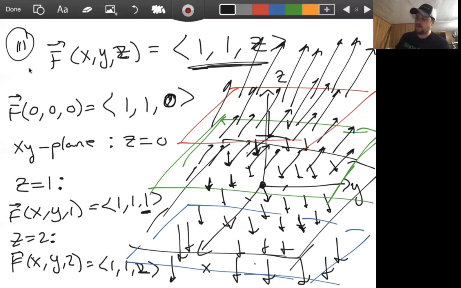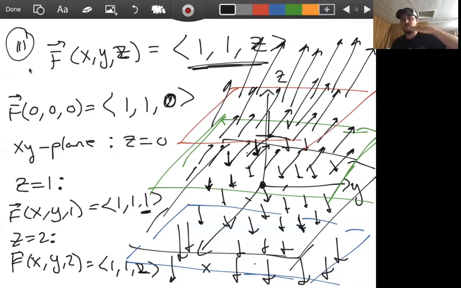And so a 3-dimensional vector field is a little harder to picture. They look beautiful in computer programs. Like if you code or go to some online vector field grapher, you can type in 3-dimensional vector fields and they look very pretty and it's very clear what's going on, right? My chicken scratch drawing is a little less clear, but hopefully you still get the idea and you can see what this vector field would look like.